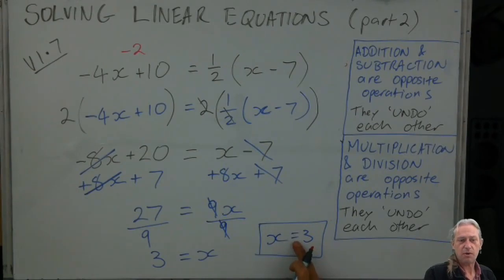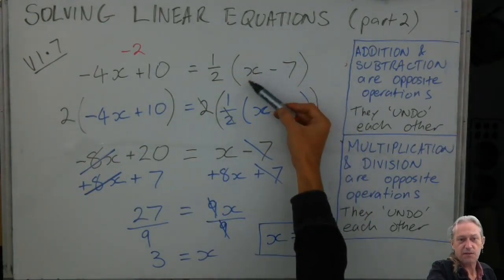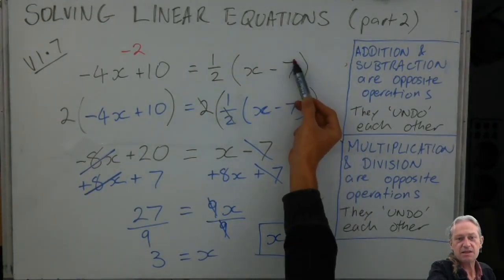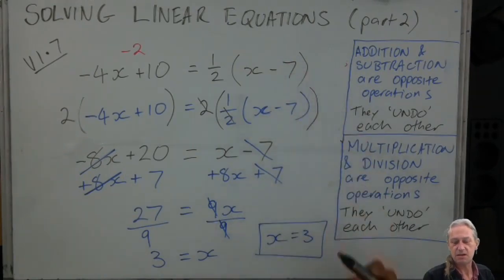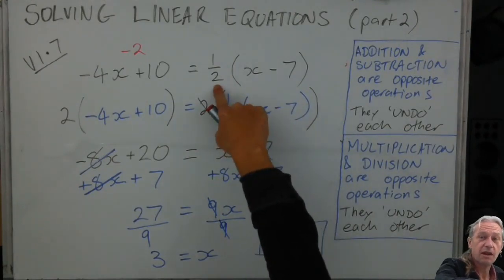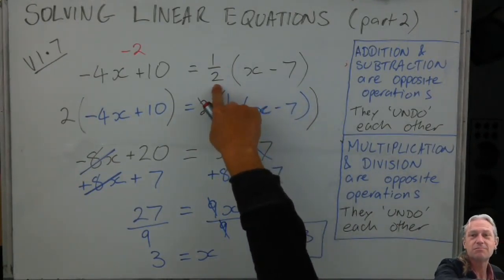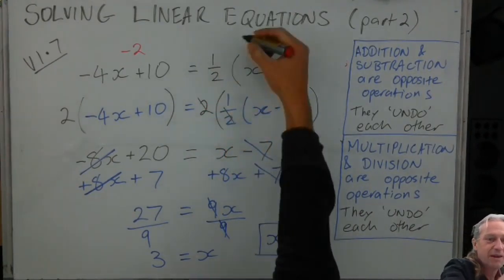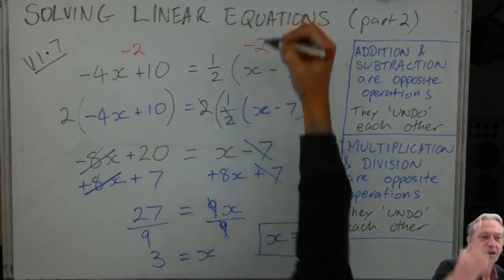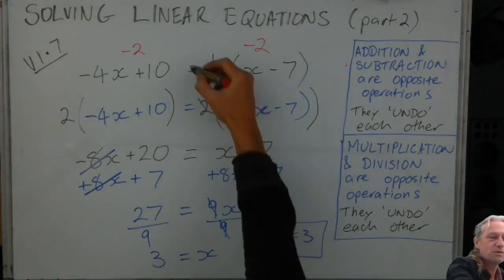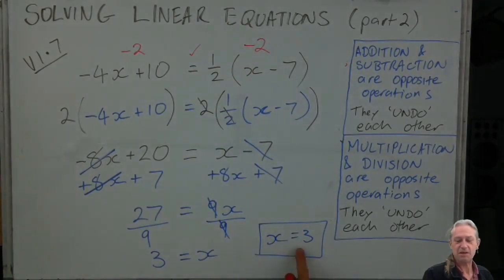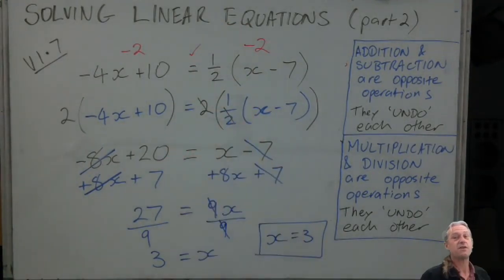And over here we would have positive 3 take away 7 is negative 4. But then we need to multiply that by half, which is going to give us negative 2. So the equals, that means that this solution for x satisfies both sides of our equation, so it's the correct answer.